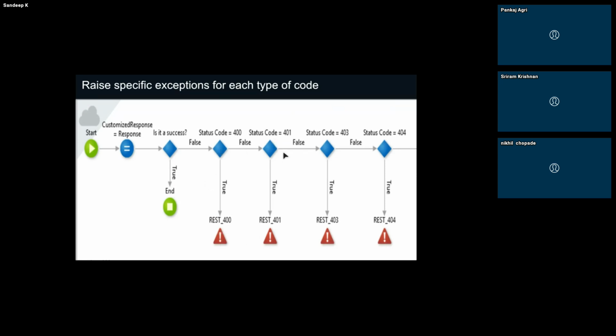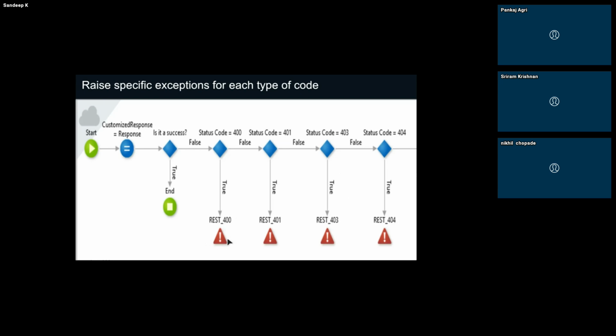If it is 400, 401, 403, 404, your service may throw a generic exception, but you need to handle it over here and pass distinct exceptions so that your consumers can read the information you are passing them more easily. You can also customize the message.